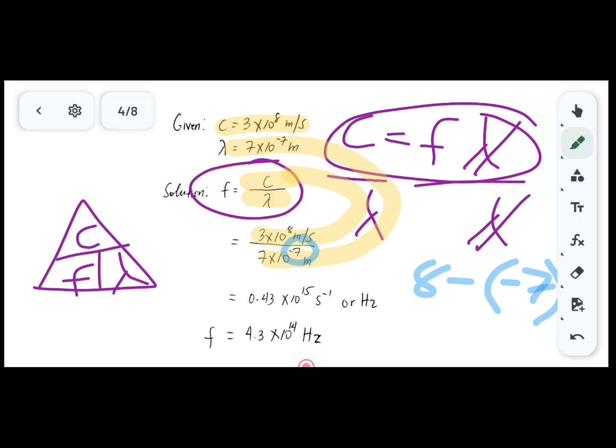Do not forget that the main operation of subtraction is different from the sign of the number. They are different. So you have to perform always the operation. So 8 minus negative 7, you multiply the sign, that will become 8 plus 7. And it will become positive since they are like signs. They are both negative, and then there will be positive. And that means, therefore, the operation now that you will have is addition. 8 plus 7 is 15.